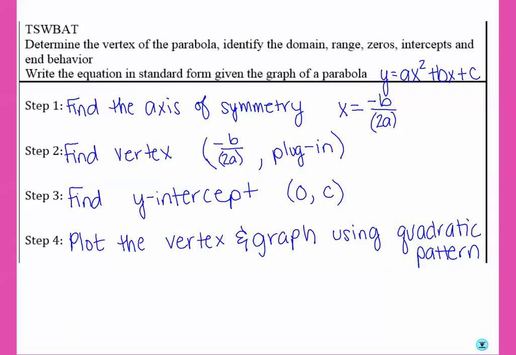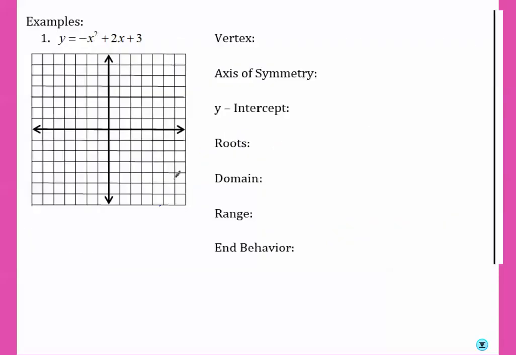All right, so let's look at some examples. Example number 1, we have y equals negative x squared plus 2x plus 3. So from this, we know a equals negative 1, b equals 2, and c equals 3.